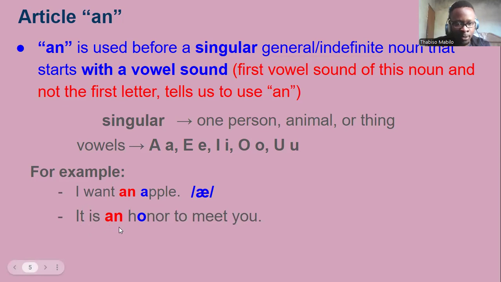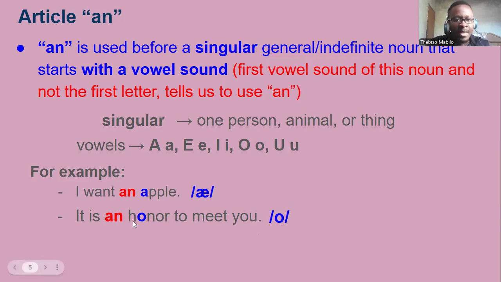Next example. "It is an honor to meet you." Here you can see the first letter is not a vowel letter. It is a consonant. But when we pronounce this word, we don't say the H. We start saying the O. So the first sound is O. It's a vowel sound.